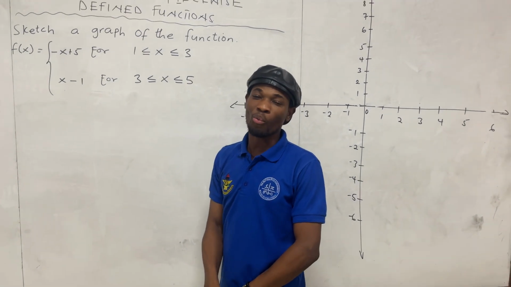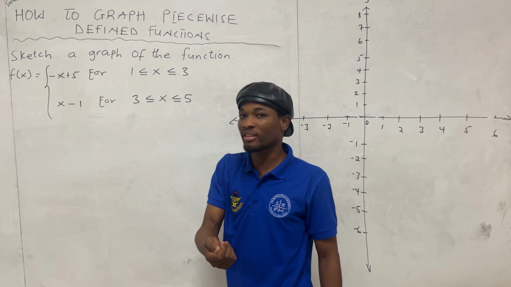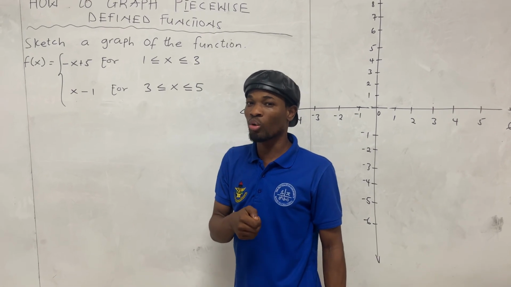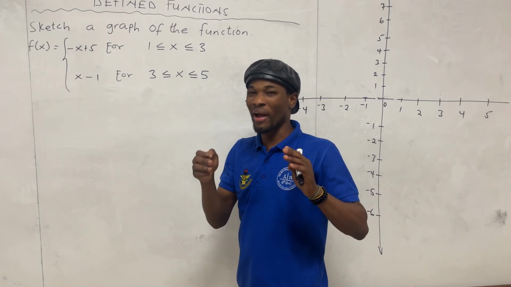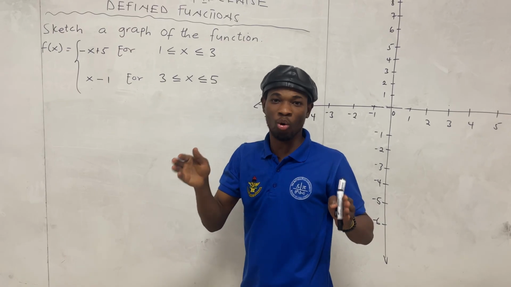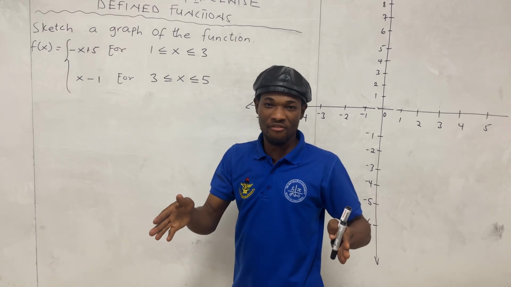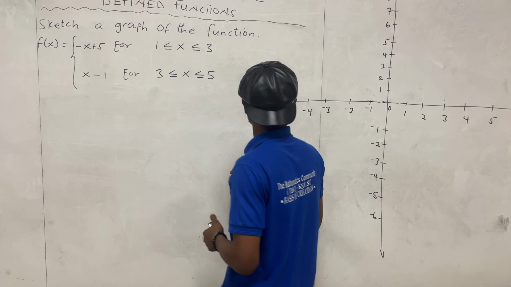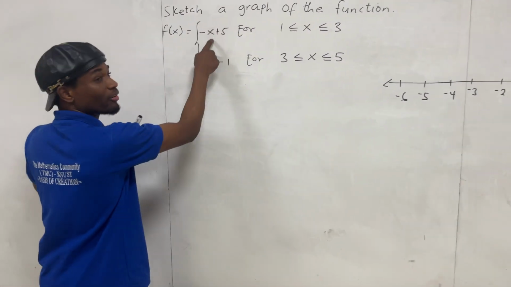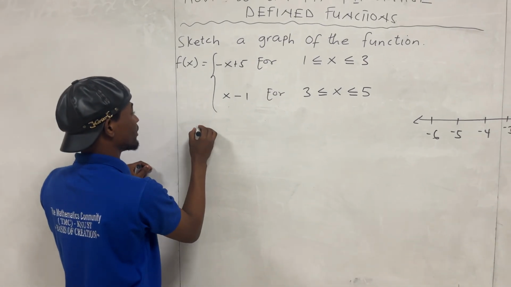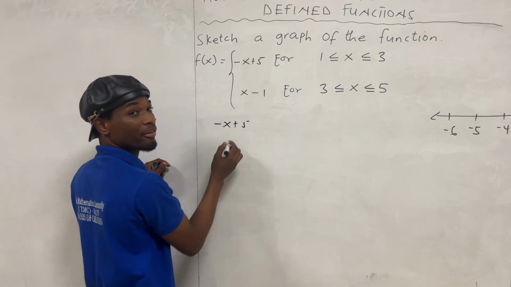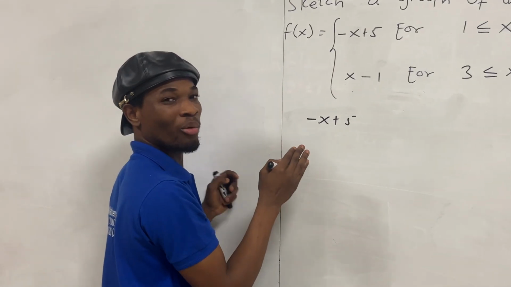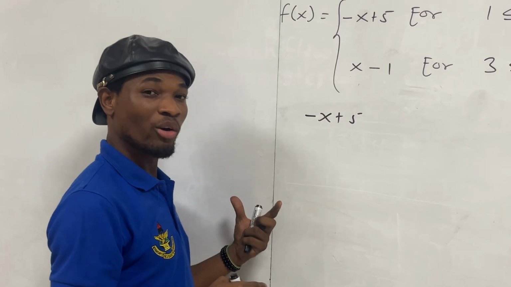So now we are mature now, right? We will just work everything on a single sheet or on a single graph. Alright, good. So let's tackle the first one. I have negative x plus 5. Because we are plotting, I will need my x and my y coordinates.